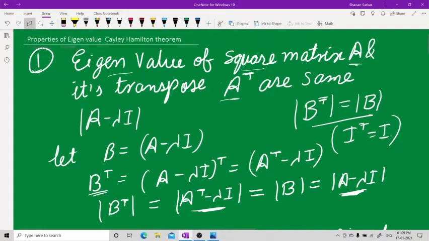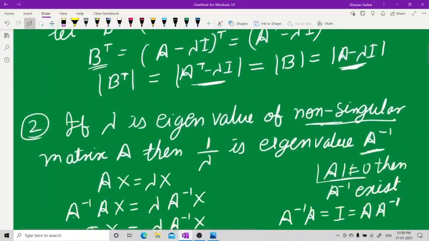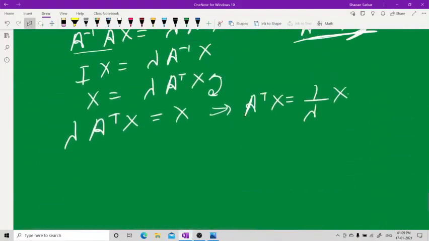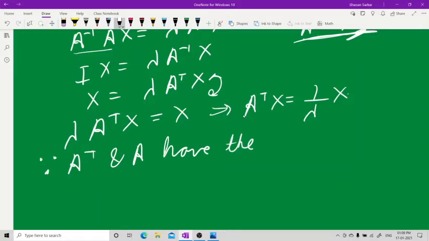Since A transpose x has the same eigenvalues, therefore A transpose and A have the same eigenvalues.